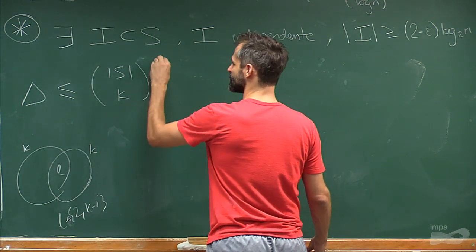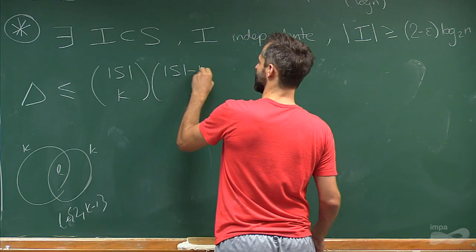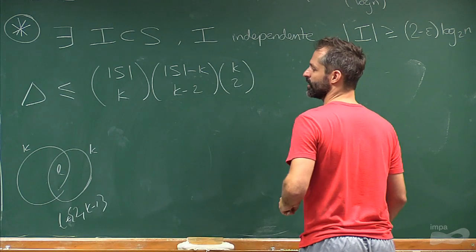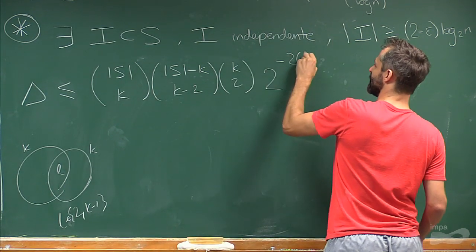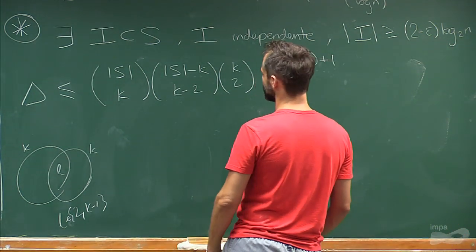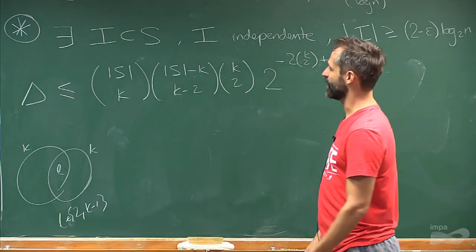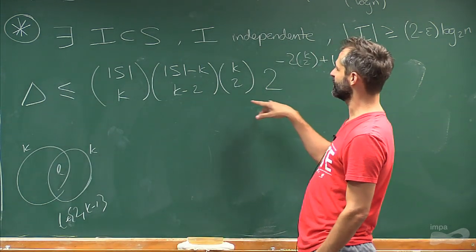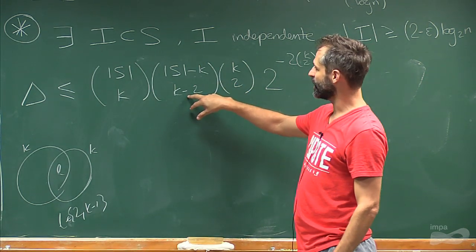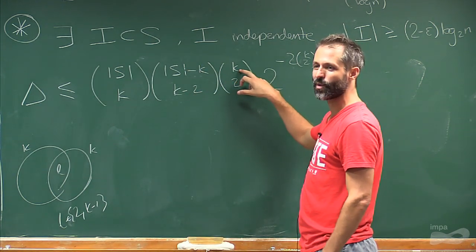Right. So this is what? S minus k choose k minus 2, and then k choose 2, and then 2 to the minus twice k choose 2 plus 1. That's the L equals 2 case, which is basically, okay, so what's this roughly? I want to say this is roughly S choose k squared, except there's an S squared over k squared here and a k squared.